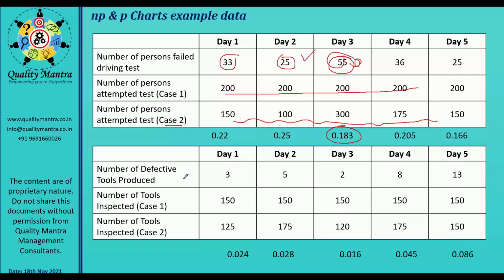Similar way, if you are producing products, every day you are producing 150 products, and out of that you got 3, 5, 2, 8, 13 products defective. Either you are producing, either you are checking. So it means out of 1000 pieces produced, you are checking 150 pieces, and in 150 pieces you got 3 defectives. So every day out of 1000 you are testing 150 samples, and you are checking the defect rate.